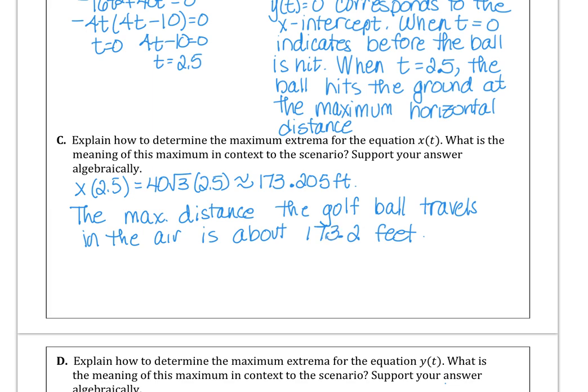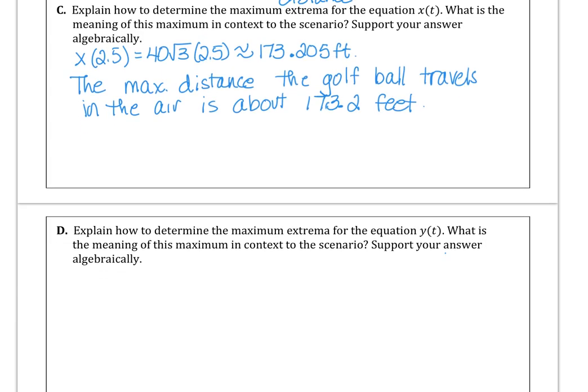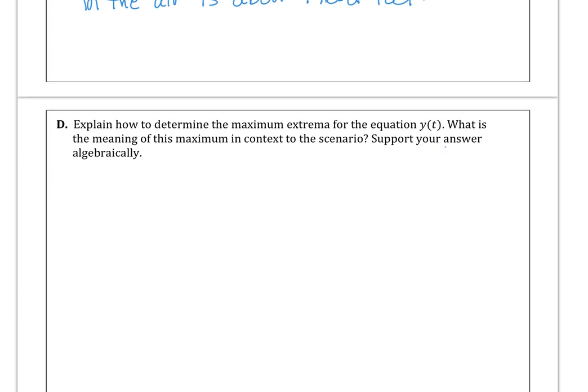Okay, in part D, we want to explain how to determine the maximum extrema for the equation of y of t. Well, we know that the maximum height is going to be the vertex, and the vertex is opposite b divided by 2 times a, since the path is quadratic or parabolic.